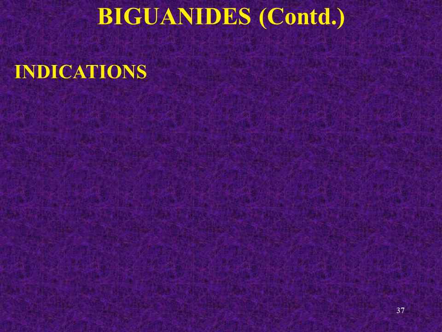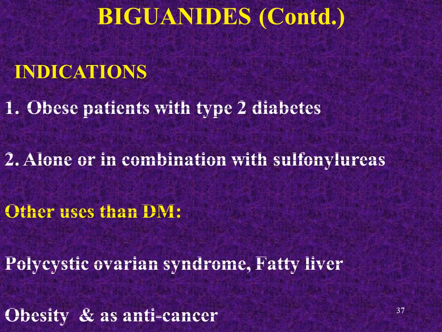Indications. Those conditions in which you have to give the drug. Specifically, obese patient with type 2 diabetes, alone or in combination with sulfonylureas, okay. The major indication of biguanides are in type 2 diabetes and specifically in obese.